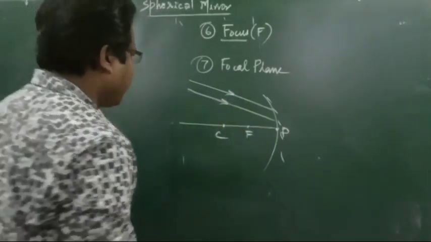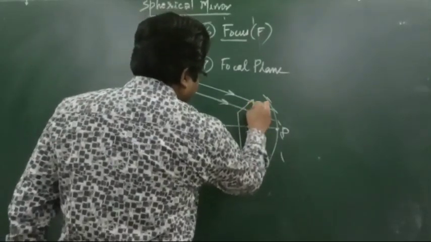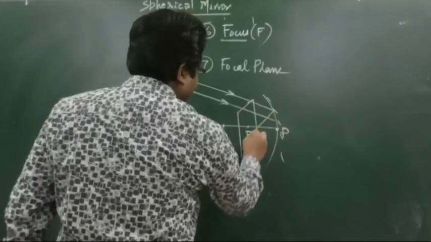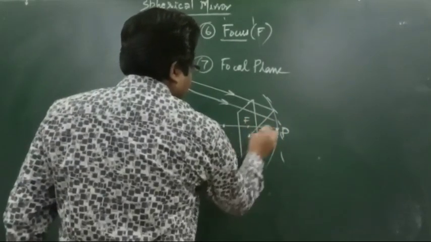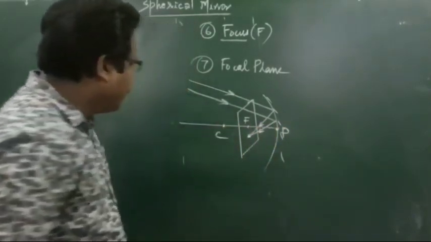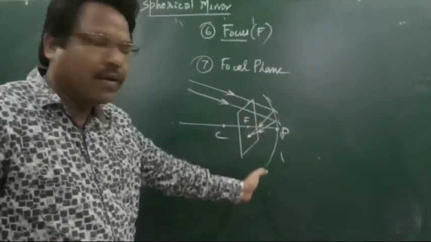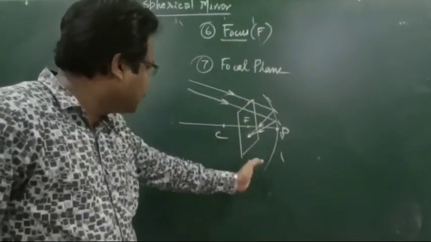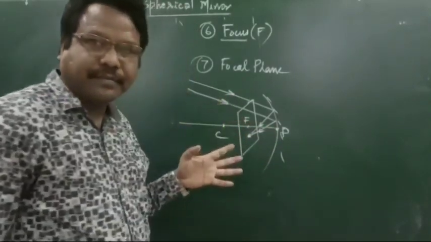In that case, it is found that these rays are converging to a plane. The rays are found to converge to a point which is lying on a plane passing through the focus and normal to principal axis.